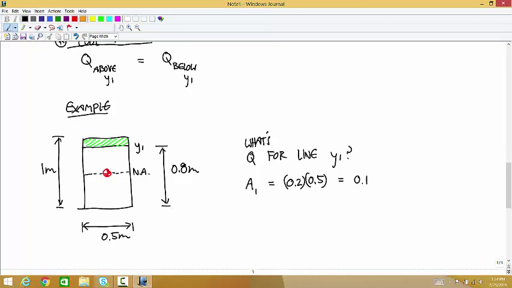The centroid of this area is here. And so this is D1. And so D1 is equal to, well, it's 0.3 to get from the neutral axis to here. Another 0.1 to get from Y1 to the centroid of that shaded region. 0.01 for the area? 1/5 of 0.5 is 0.1.